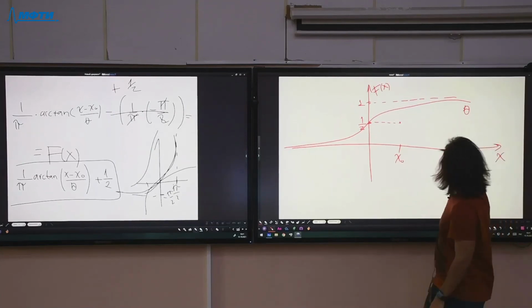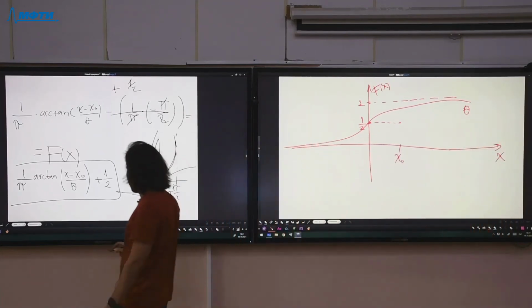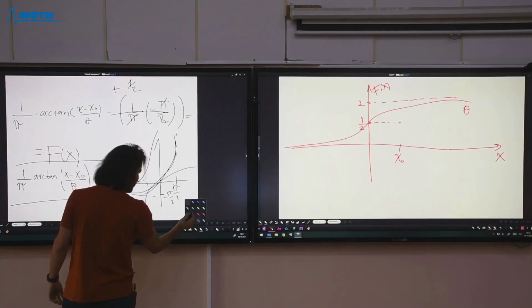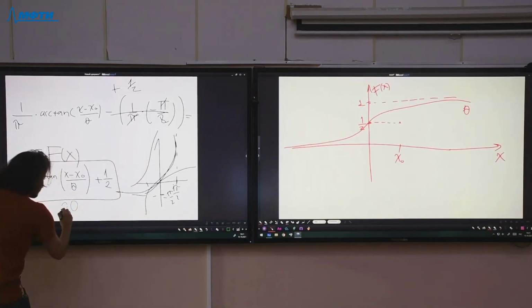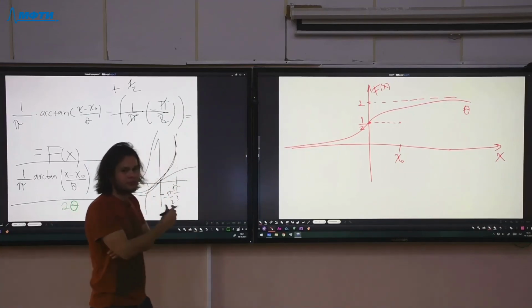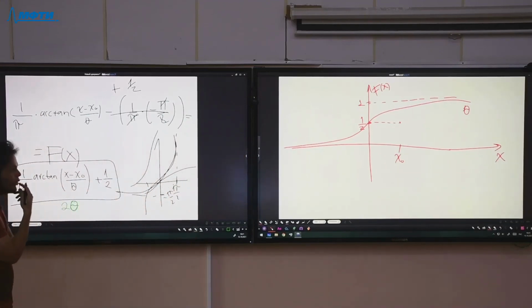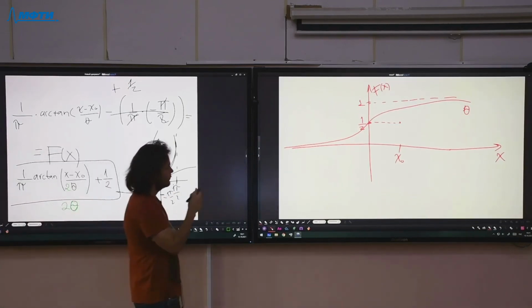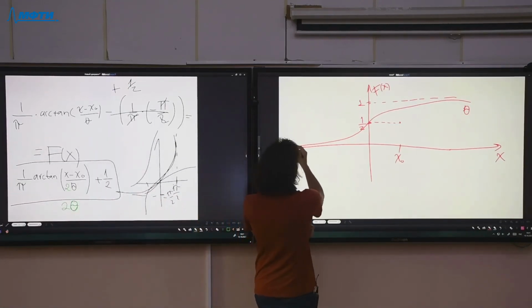Now, what if we change this theta by 2 times theta? How does this graph change? So here we would have to write 2. So slower, right?